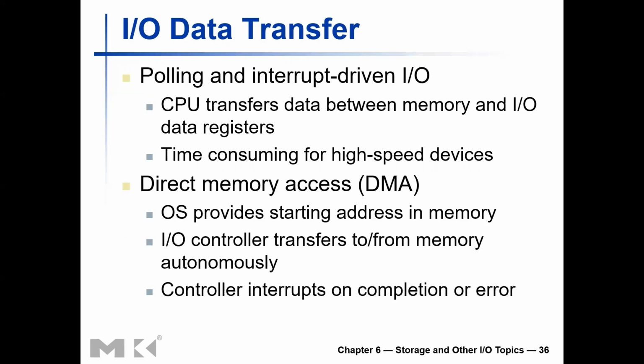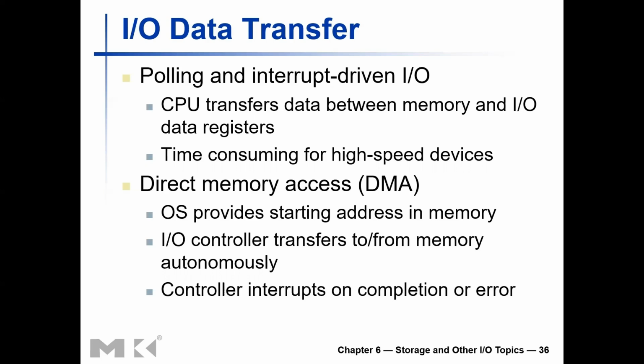Direct memory access. Direct memory access is where we let the DMA controller, a controller we name as DMA, do the transfer between the memory and the I/O device. So this removes the intervention of the processor.